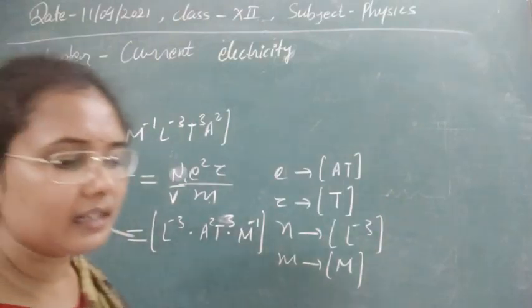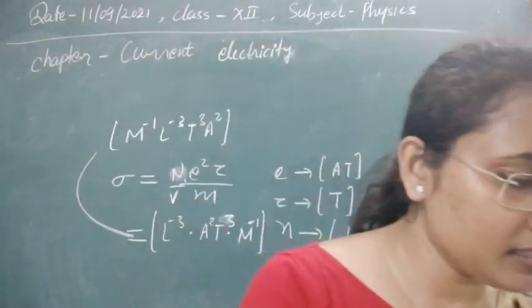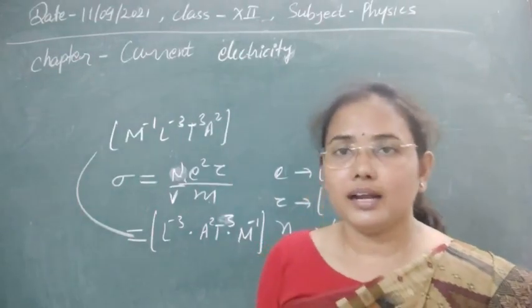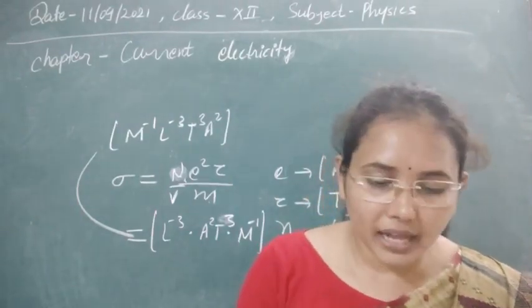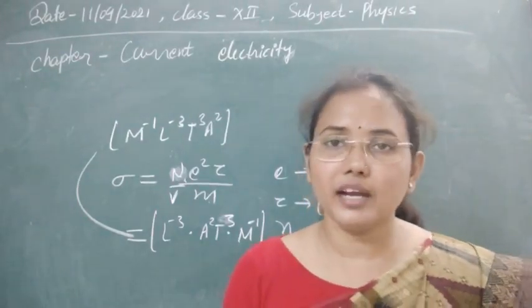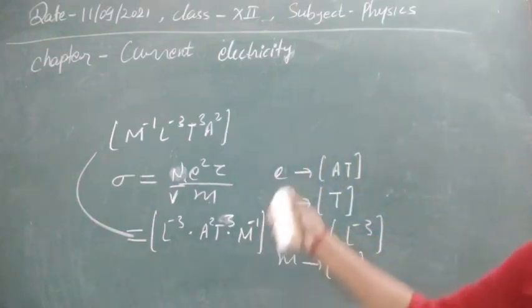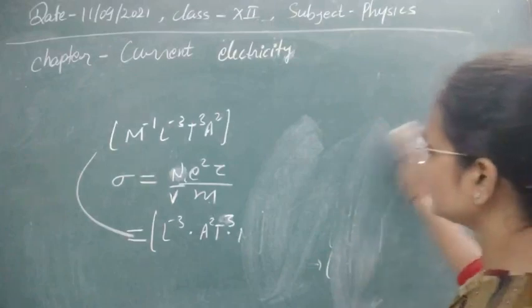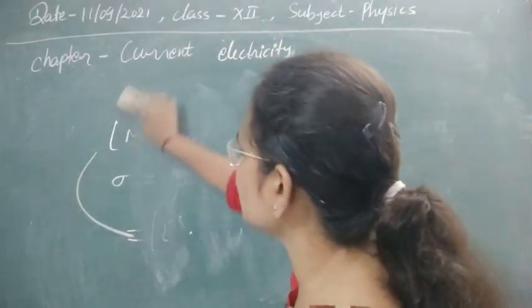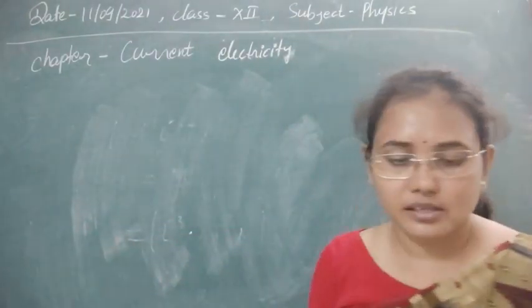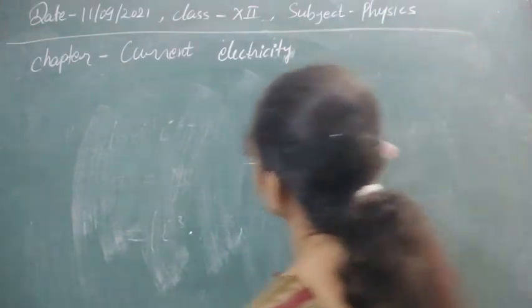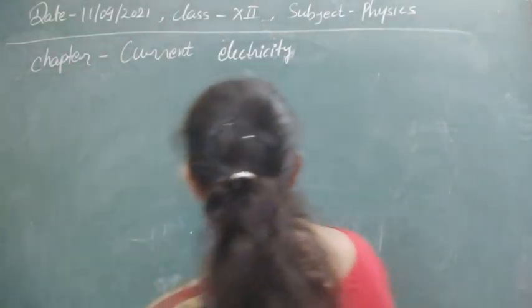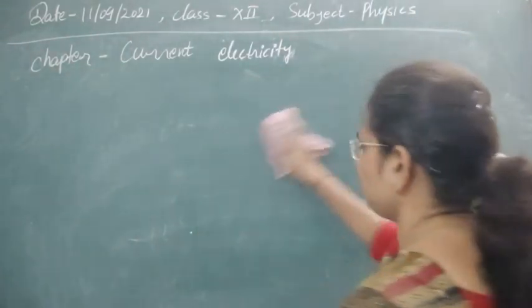So the dimension given to us is exactly the dimension of conductivity. You can write this by first finding the unit, or to understand and practice, you can work through this kind of derivation. The better way is to write the units by using the dimensions.